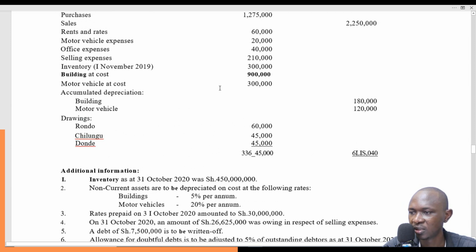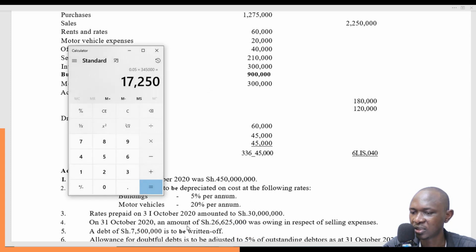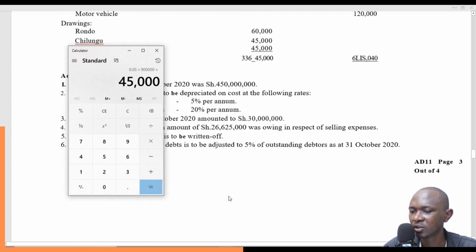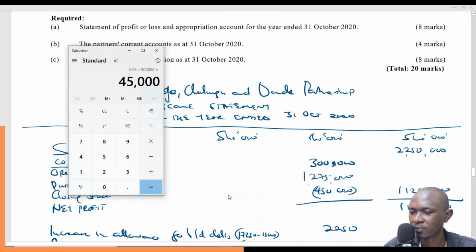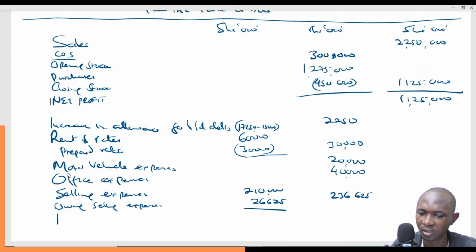So building 5% of 900,000, that is 0.05 times 900,000. What do we get? 45,000.